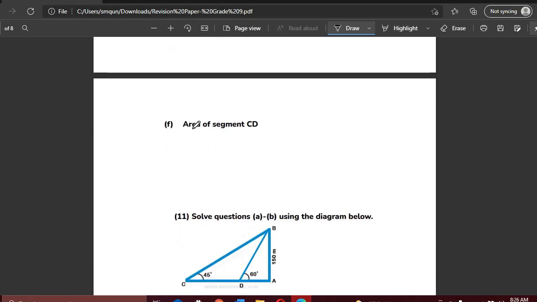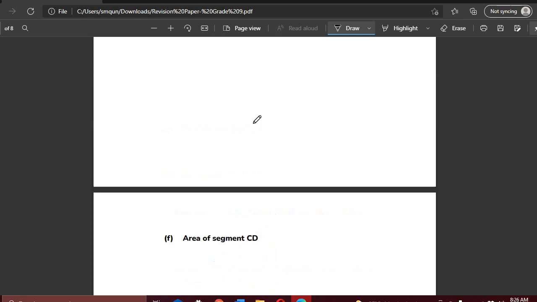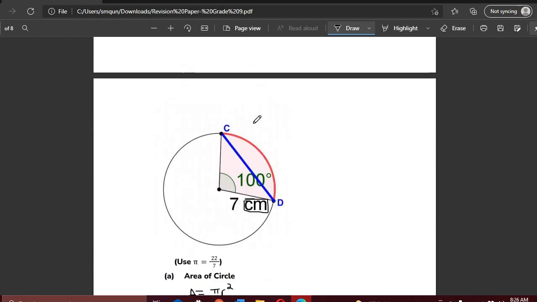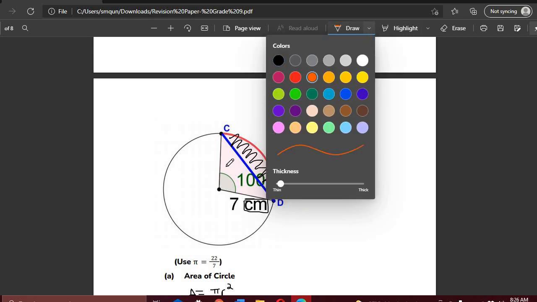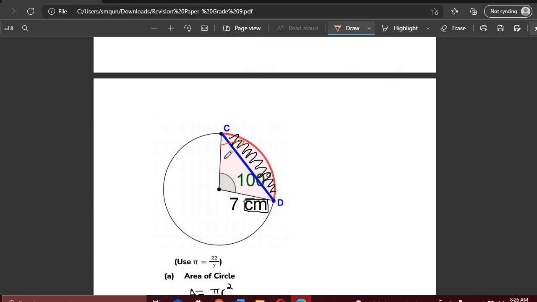Okay, so we're asked to find the area of the segment CD. Okay, so the segment would be this section here. Alright, so how do we find the segment? Now keep in mind that we found the sector, so the sector would be this area here. I'm trying not to draw on it too much.